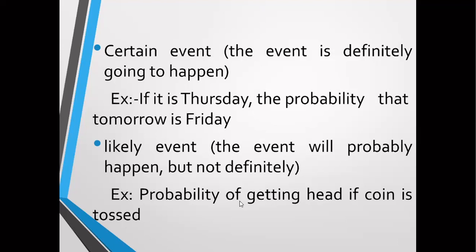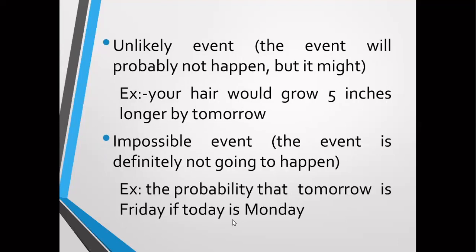There's another event, the unlikely event. An unlikely event will probably not happen, but it might. Sometimes it might happen, but probably not. Then impossible events. What do you mean by impossible events?